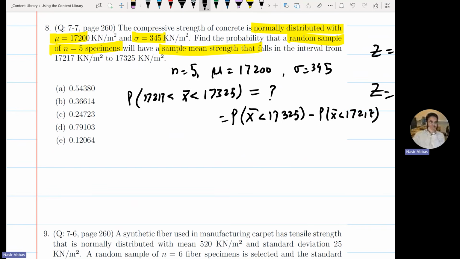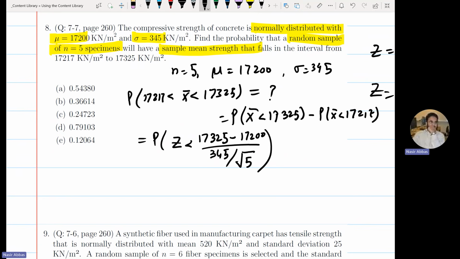Then convert both of them into Z. So this is probability of Z less than 17,325 minus, what is mu? 17,200 divided by sigma over square root of n, minus probability of Z less than 17,217 minus 17,200 over 345 over root of 5.